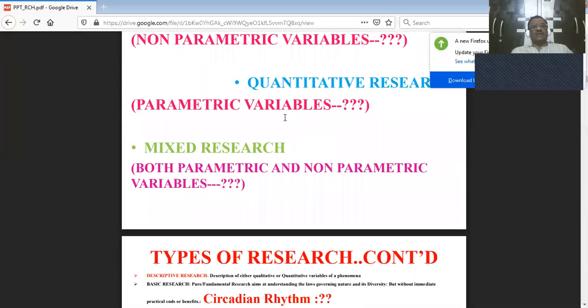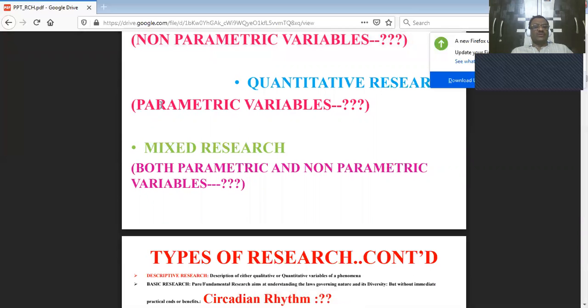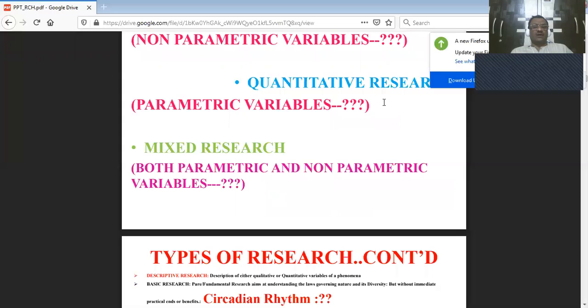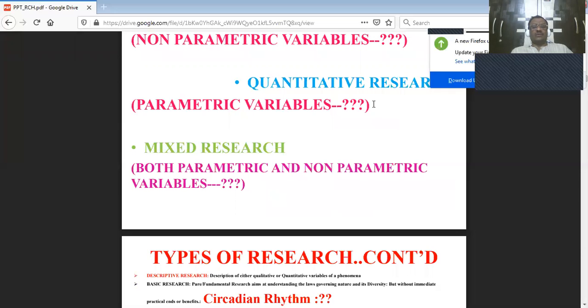In the case of quantitative, we mainly focus on mean and standard deviation, and the basics of statistics say that the best measure of dispersion is standard deviation, and the best measure of central tendency is mean. If your research or the measurements of the variables are based on such parametric variables, that is called quantitative research.